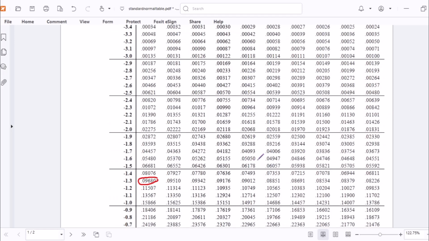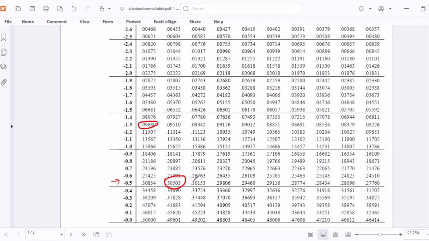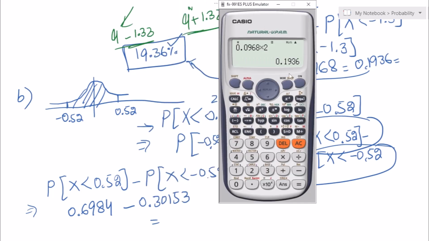No, this is incorrect because this one is the 0.5. This is incorrect. The value is 0.30153. So let me solve it here.